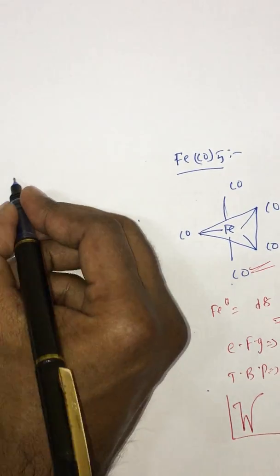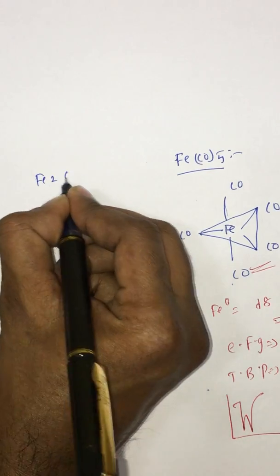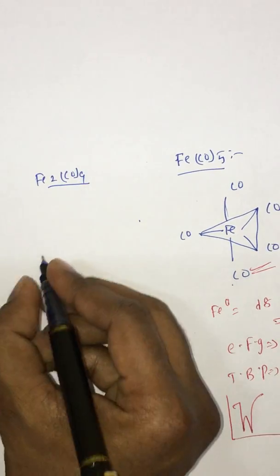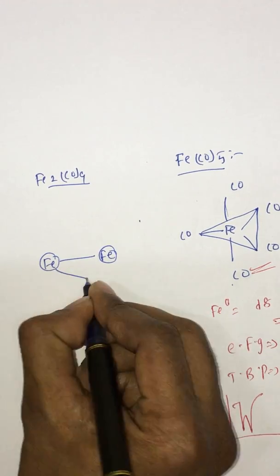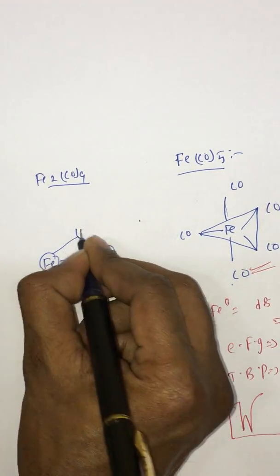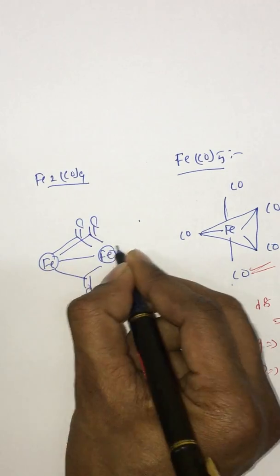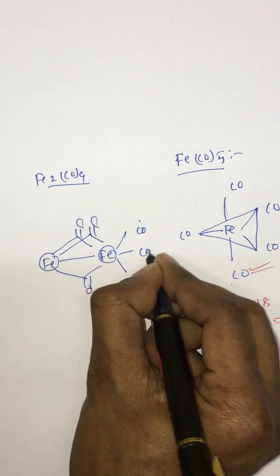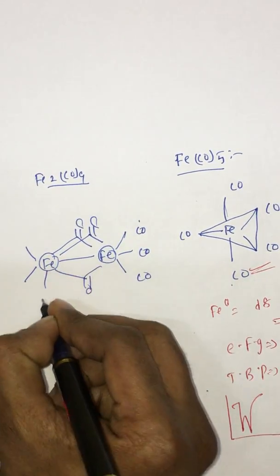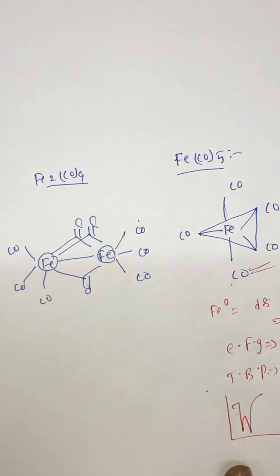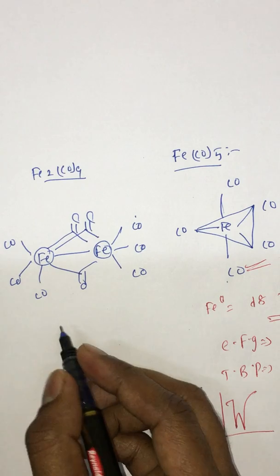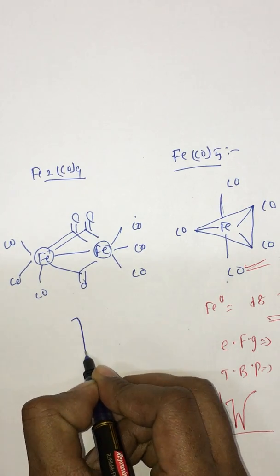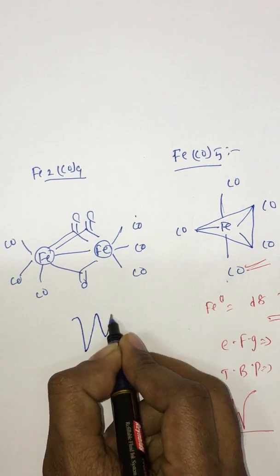And another example we have is Fe2(CO)9. This is the structure for Fe2(CO)9. If we record the Mossbauer spectrum for this compound, we will get a doublet, and this is very important.